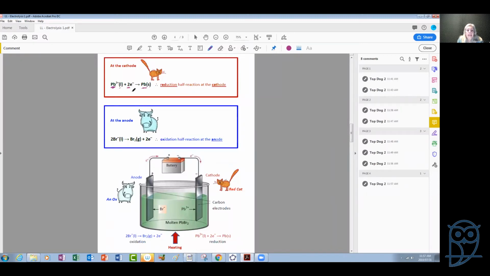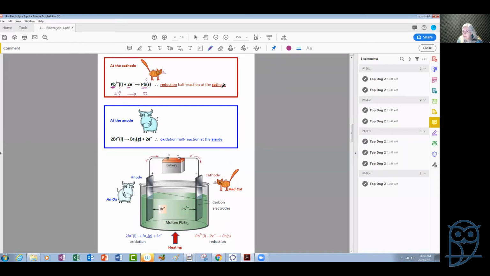You can see clearly that this is a reduction reaction, because the oxidation state of lead goes from 2+, when it was an ion, to 0, because it is now an element. So it has been reduced. At the cathode, we always have reduction.